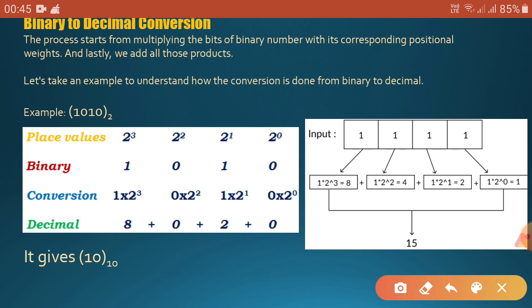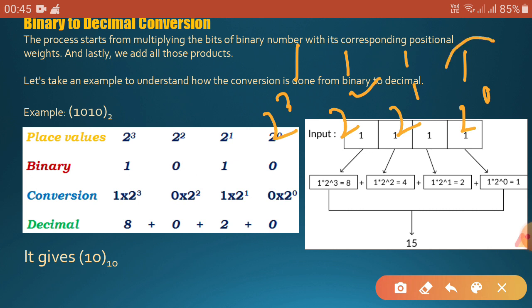So we write 1 1 1 1, and the positional values will be 2 to the power 0, then 2 to the power 1, then 2 to the power 2 and 2 to the power 3. For this it is 1 into 2 to the power 0, that is equal to 1.